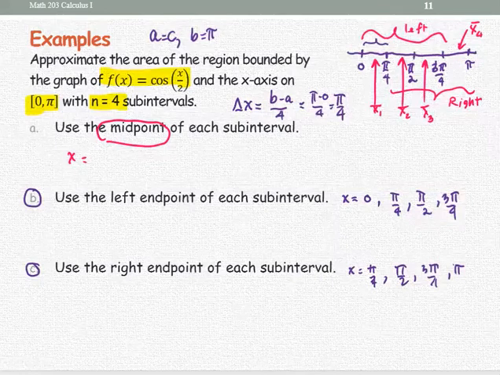It is the value in between 0 and pi over 4, correct? How do you compute the midpoint between 0 and pi over 4? Think about a number that could help you. If you have 0 and a quarter, what is in between 0 and a quarter?